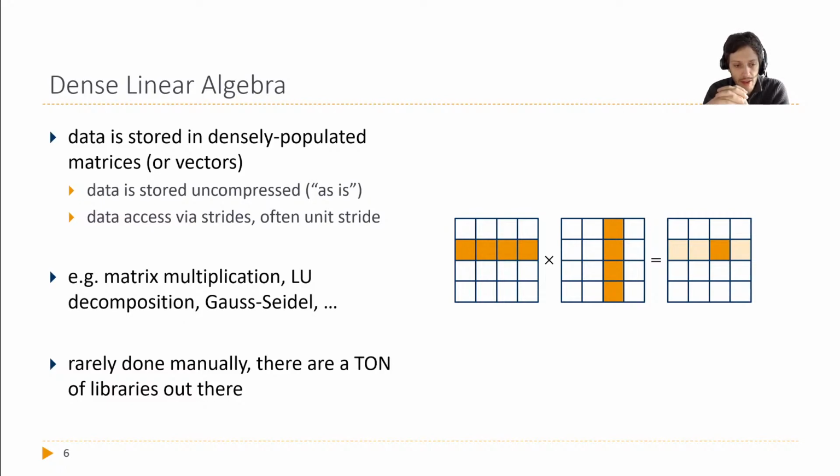Important here is to know that these are really rarely done manually. There's a ton of libraries out there that you can use for this kind of linear algebra problem, especially matrix multiplication, but not only. There's the entire Eigen library that tries to provide you with means of speeding up this computation. And as I keep saying, don't try to reinvent the wheel.